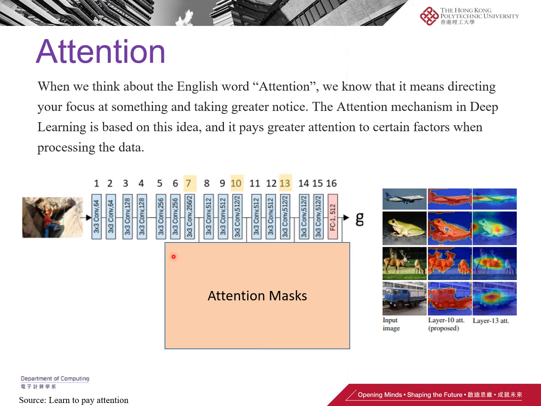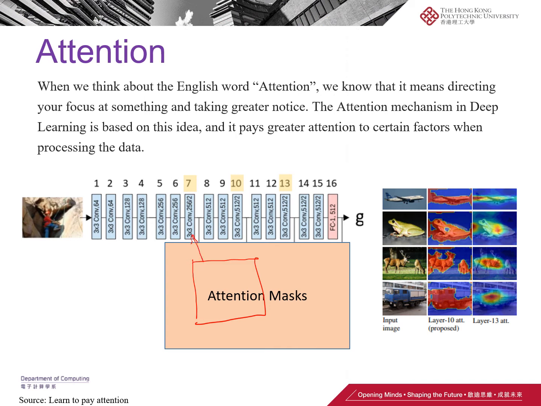Here are the attention mechanisms. Attention is something like we can add filters in between those convolutional layers. The idea is, let's see, here are some convolutional layers, and we can make a mask there which has the equal size as the feature map.